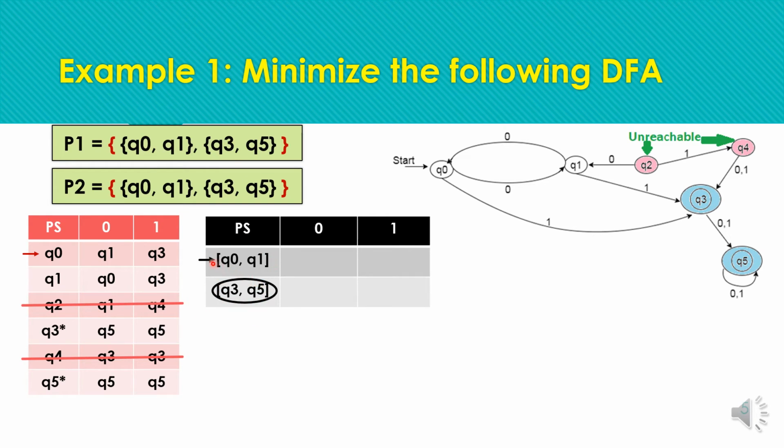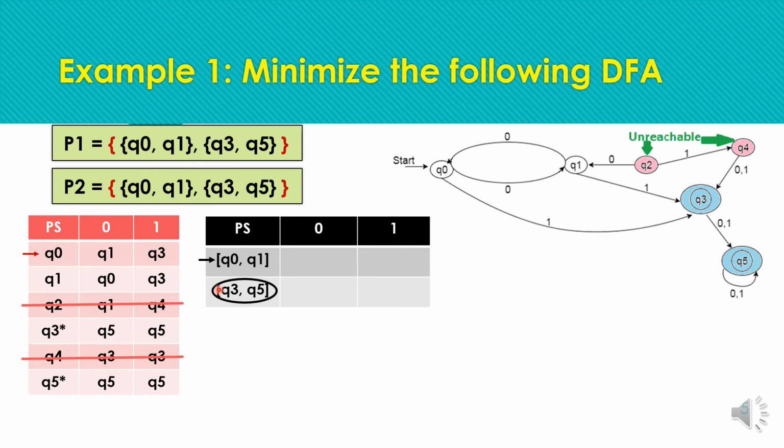Here the initial state of the previous DFA will become the initial state here also. So any set that has Q0 as one of the elements will be the initial state, and any set of the minimized DFA that has a final state of the DFA as one of the elements will be the final state.